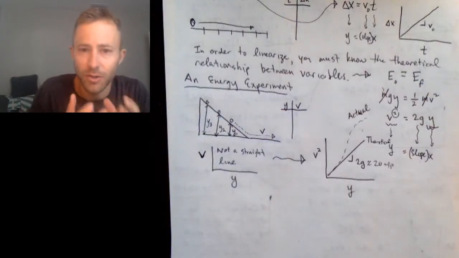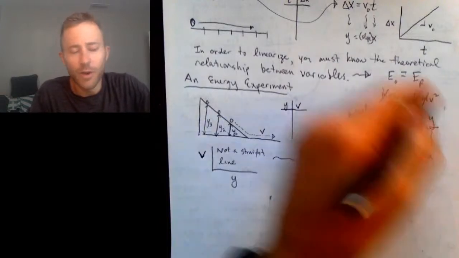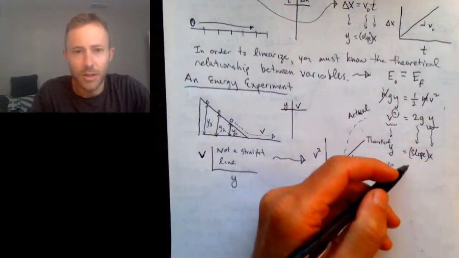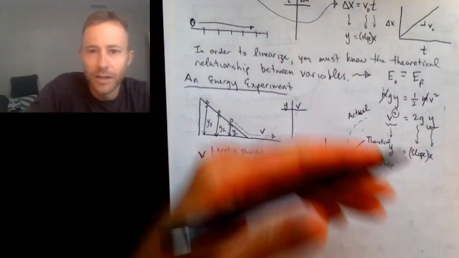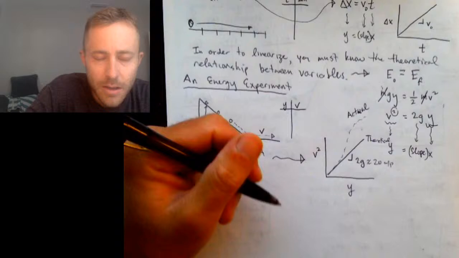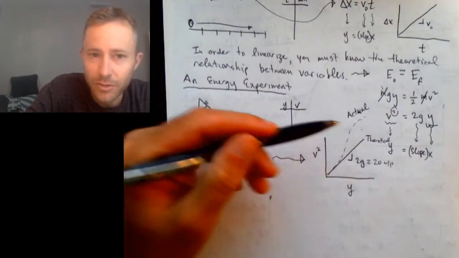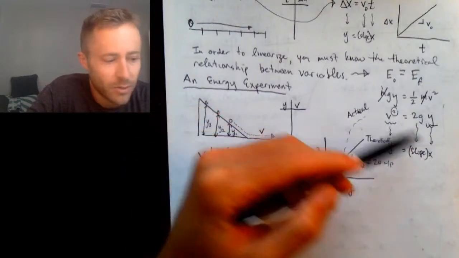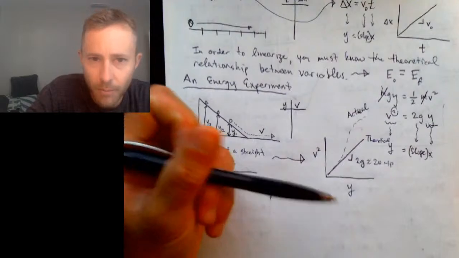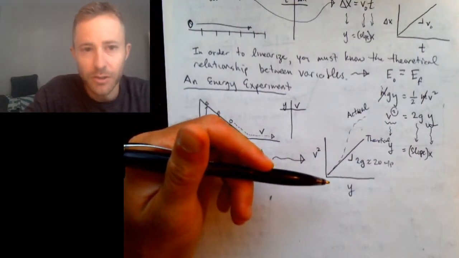Something like that. So if you develop a theoretical relationship and you linearize that relationship, and then you find that it is not aligned once you actually graph your data, then that means that your theoretical hypothesis is wrong, or that something else is going on in your experiment.